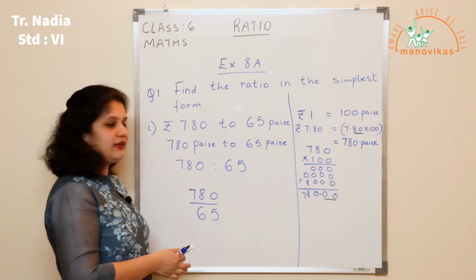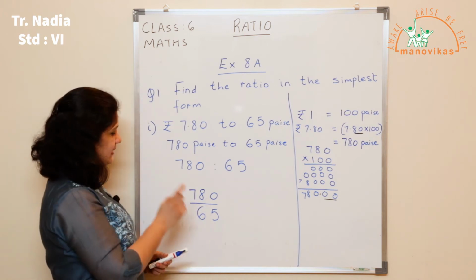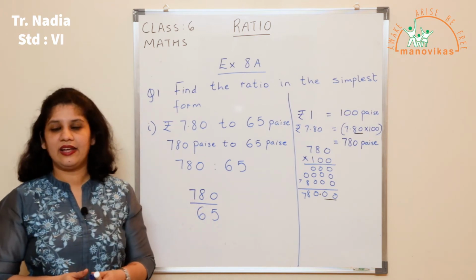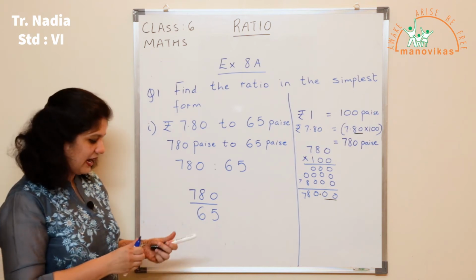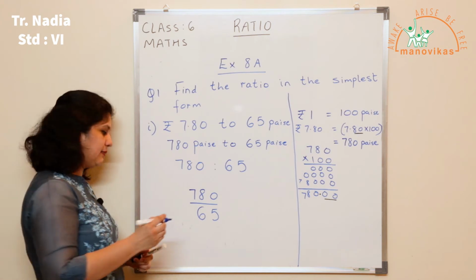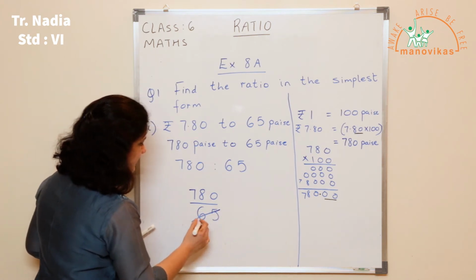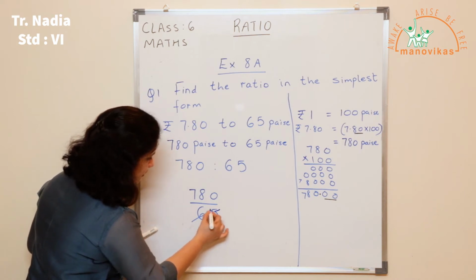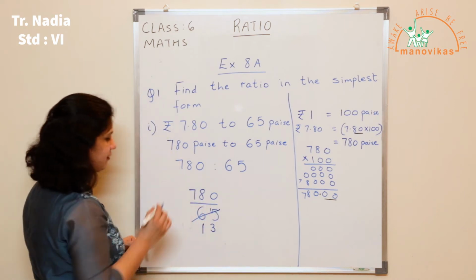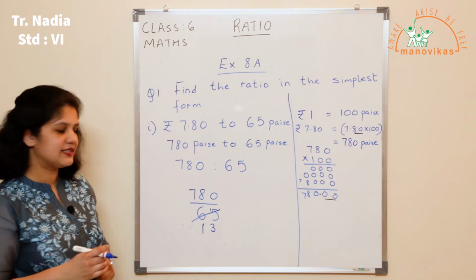Okay, now since my top number is ending in 0 and my lower number is ending in 5, I can make use of the 5 times table. So I'll try to reduce this fraction using the 5 times table. I can say 5 13s are 65, 5 1s are 5, put the extra 1 here, 5 3s are 15. So 5 13s are 65.